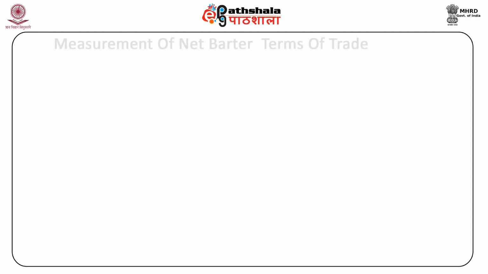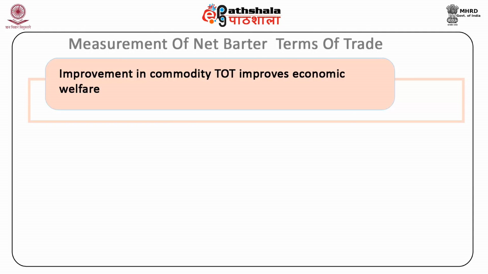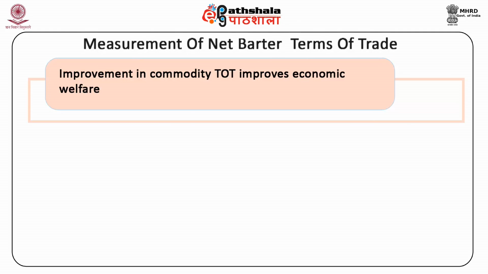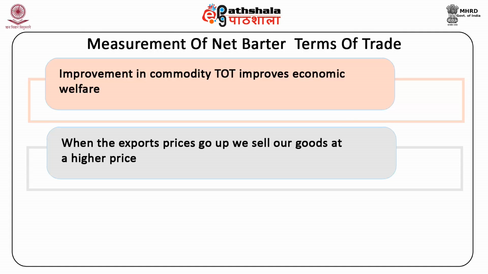There is a general belief that improvement in commodity terms of trade would mean an improvement in the economic welfare of the country, because when the export prices go up, we sell our goods at a higher price, and when the import prices go down, we will be able to buy foreign goods at a lower price.